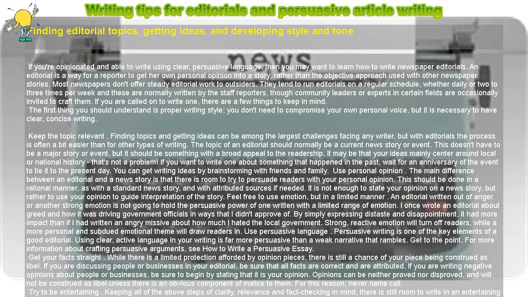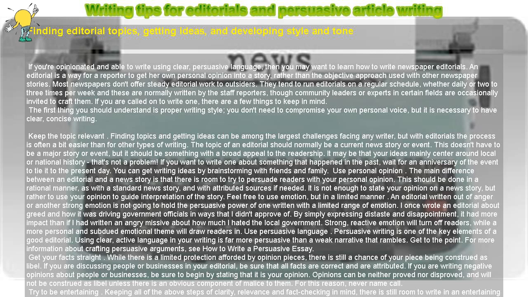Use personal opinion. The main difference between an editorial and a news story is that there is room to try to persuade readers with your personal opinion. This should be done in a rational manner, as with a standard news story, and with attributed sources if needed.